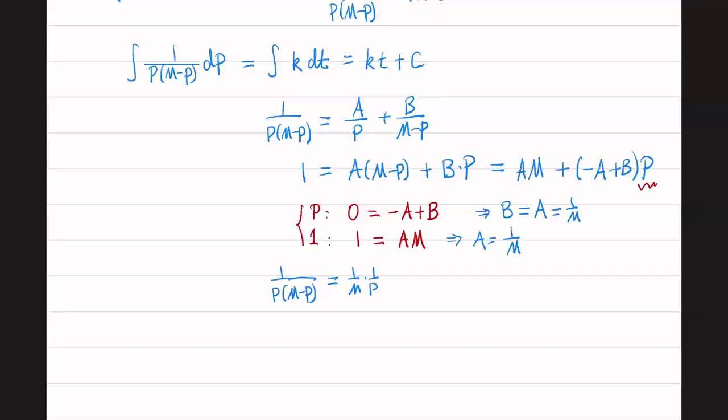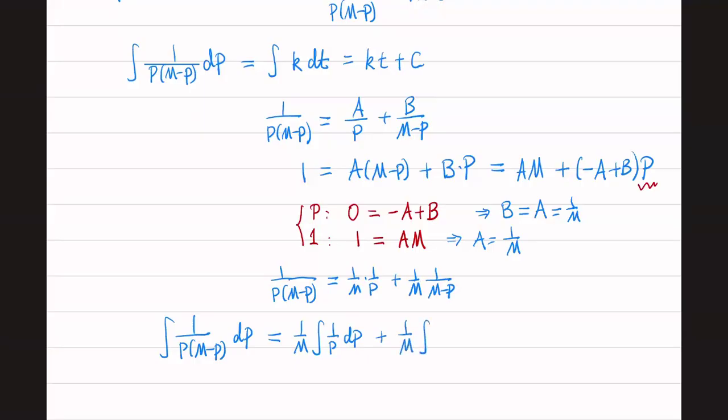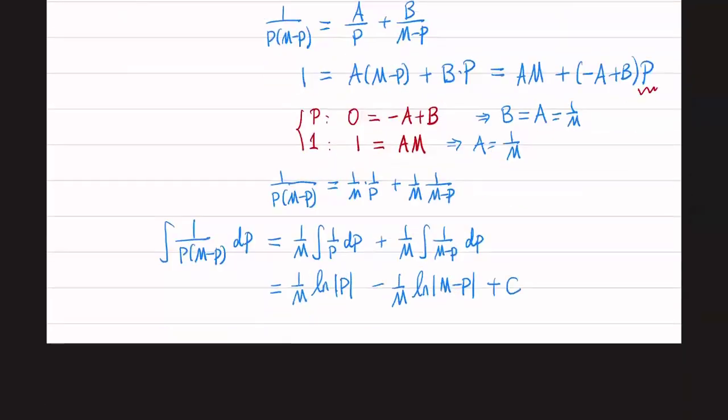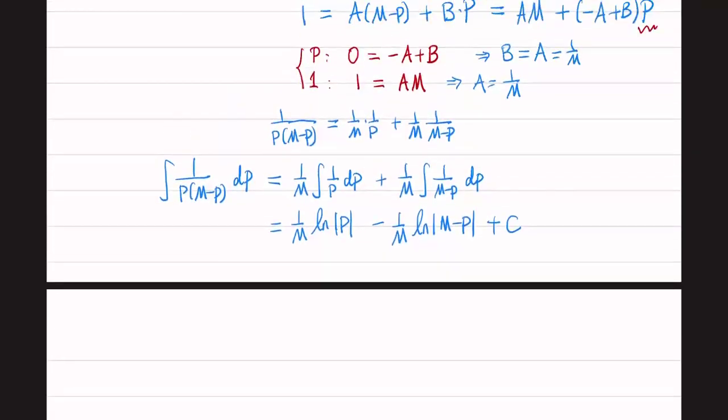1 over M. The integral of this rational function will be the combination of the integrals, 1 over M, minus.